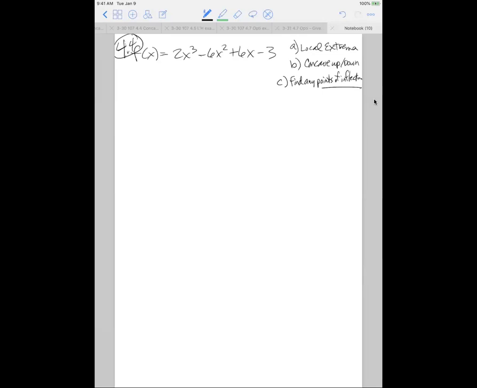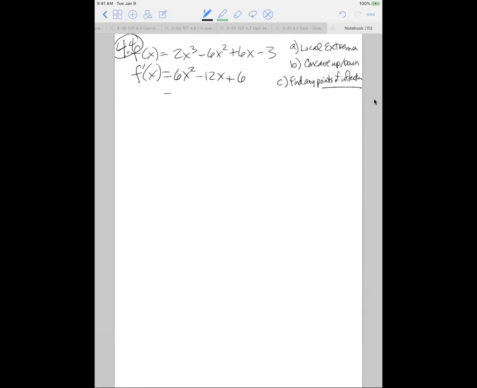So let's get started. I'm going to first take the first derivative of the function and get 6x squared minus 12x plus 6. Like I said before, you can drop down and get the second derivative right now, but while we're here, let's factor this out.